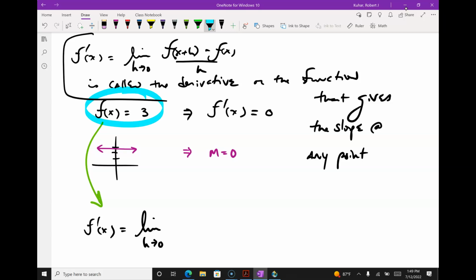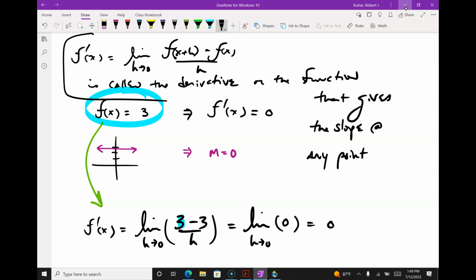What value do I get when I put in x plus h? 3. And the original f of x is 3, over h. So this is the limit as h goes to 0 of 0, which is 0. The derivative of a constant is 0.